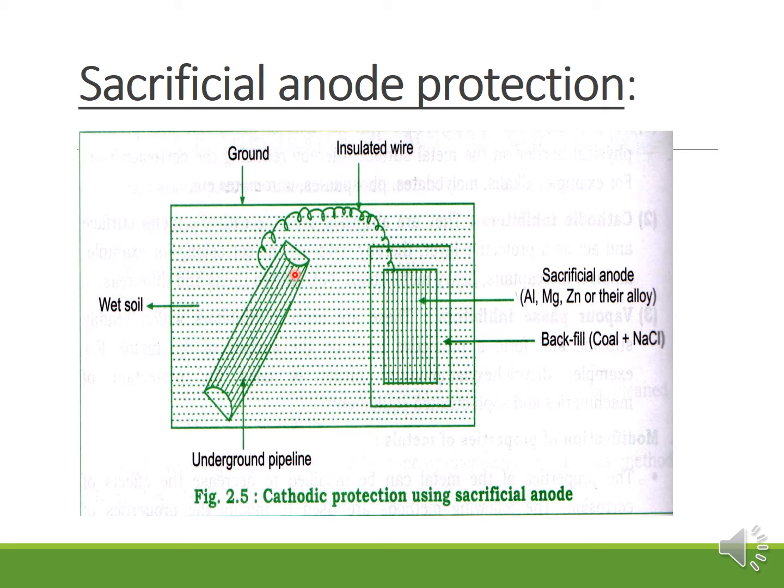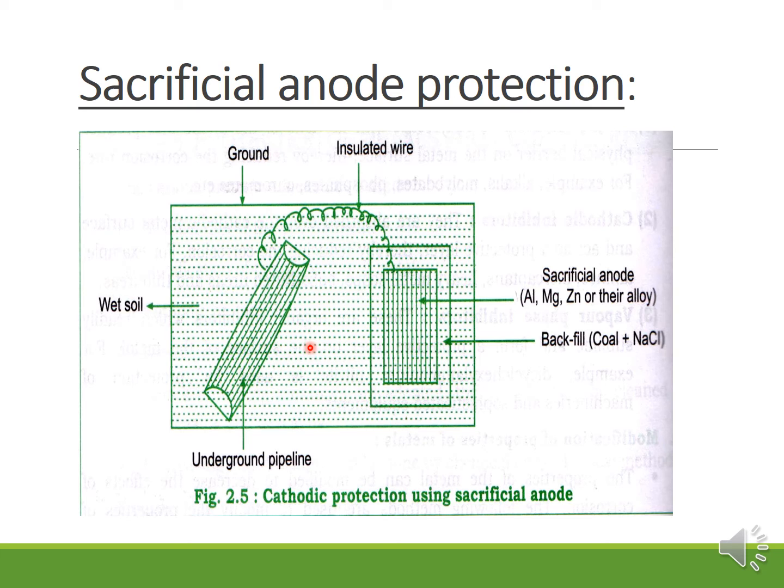So how are we going to prevent it? We are going to connect this pipeline with another metal which is more reactive, that is, having a higher position in the galvanic series, by an insulated wire. So what happens? This pipeline and this metal are different and connected with each other in the presence of wet soil.